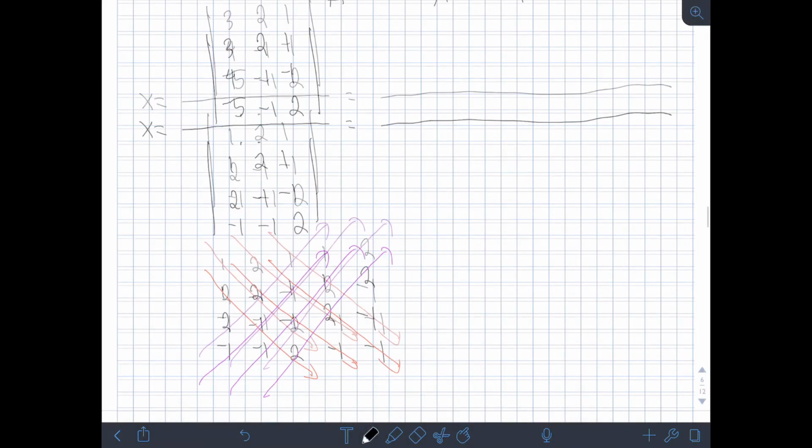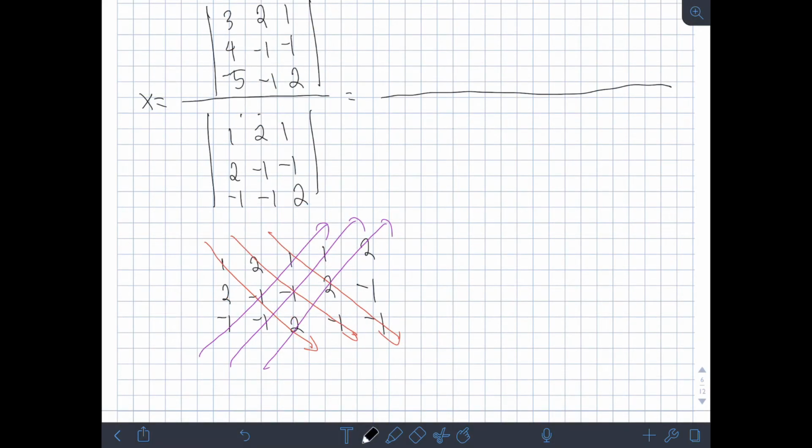So we have 1 times negative 1 times 2 is negative 2, plus 2 times negative 1 times negative 1 is positive 2, 1 times 2 times negative 1 is negative 2, minus 1 times negative 1 times negative 1 times 1 is 1, negative 1 times negative 1 times 1 is positive 1, so plus 1.